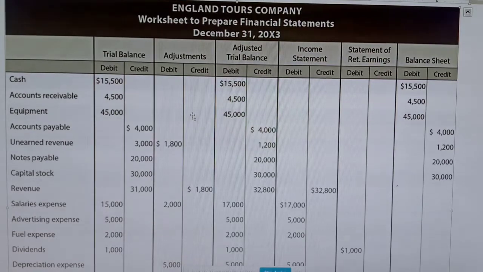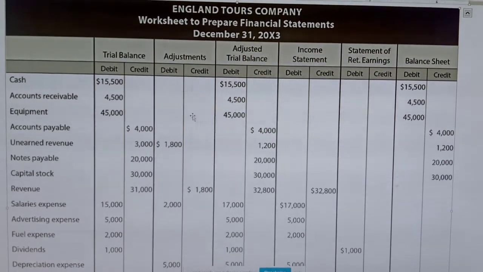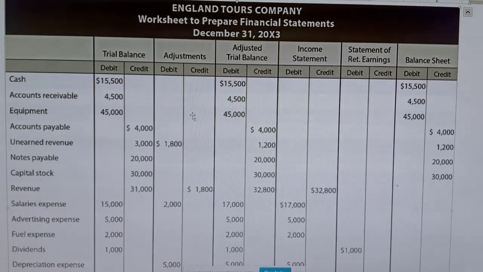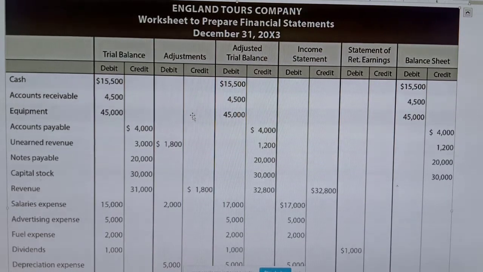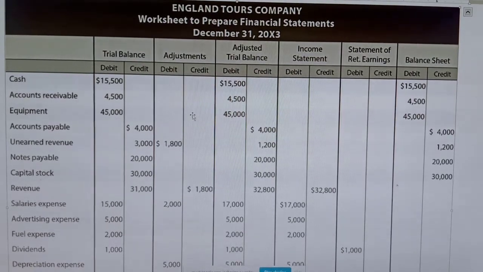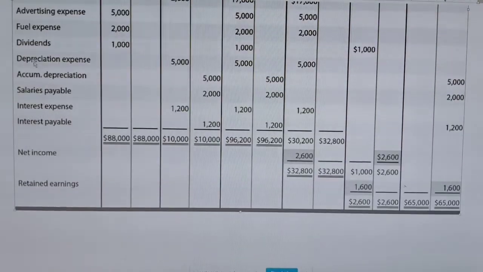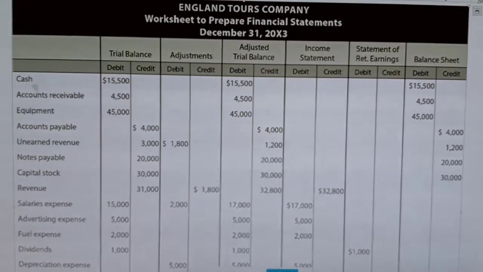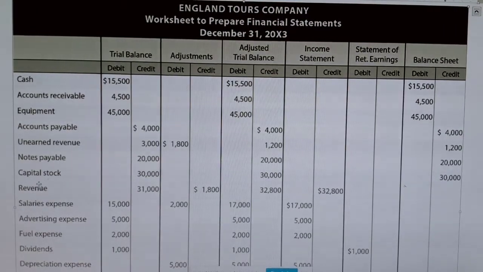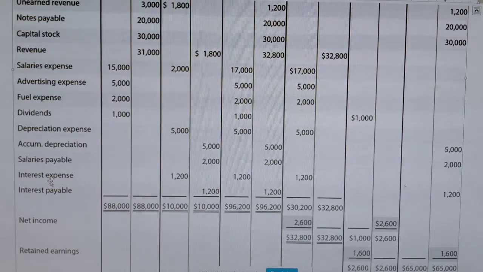So, ang pagpe-prepare po dito, ang isa nyong dapat tandaan, kung yung nasa adjusting entries na accounts title ay meron din yung trial balance or the original accounts, hindi nyo na po siya idadagdag pa sa ilalim. Ang idinadagdag lang po dito sa ilalim, ayan, katulad ditong depreciation expense, accumulated depreciation, salaries payable, ito yung mga nasa journal entries na wala dito sa original accounts from the trial balance. Kaya, idinagdag siya dito sa ilalim.